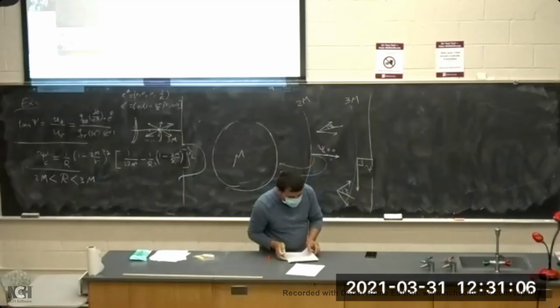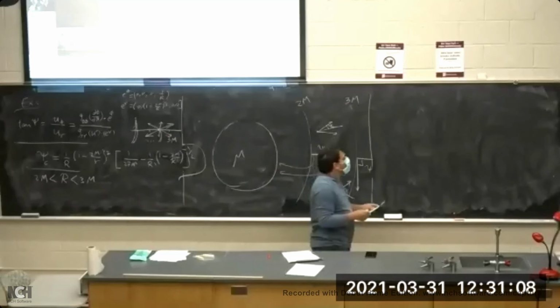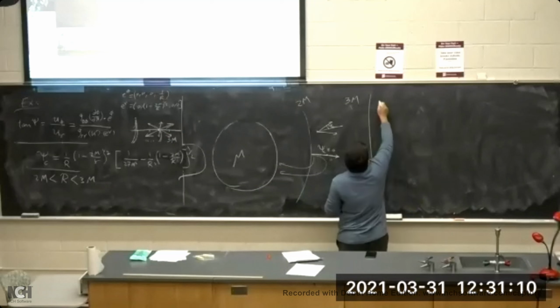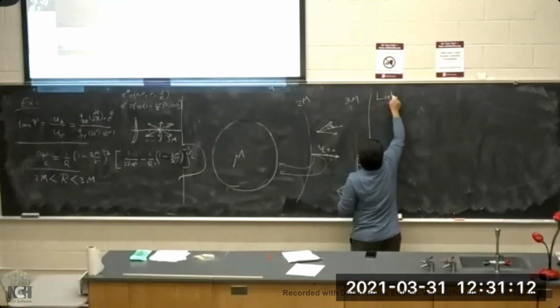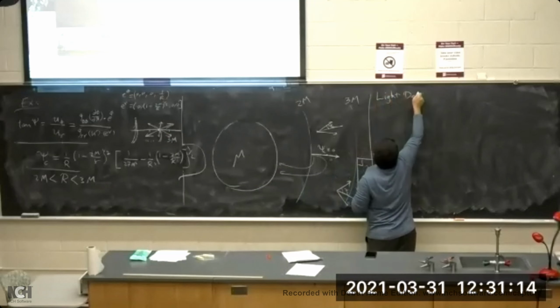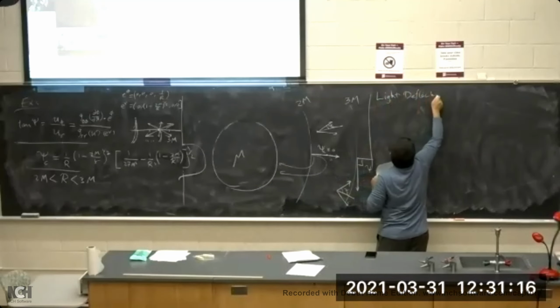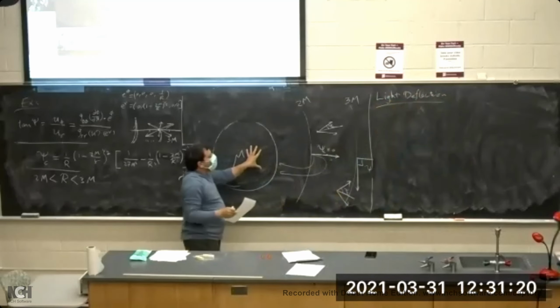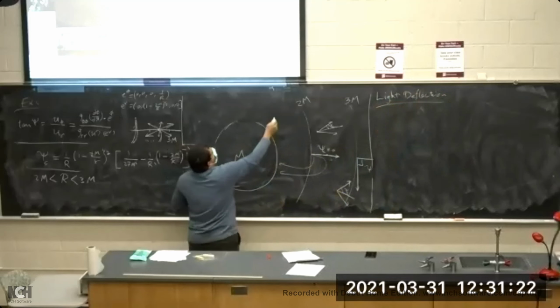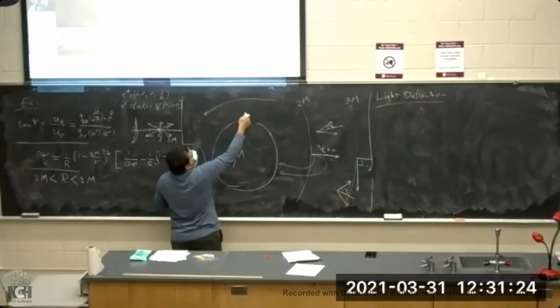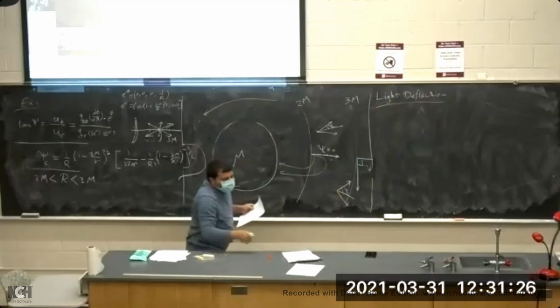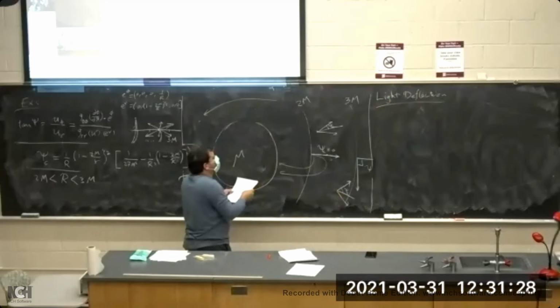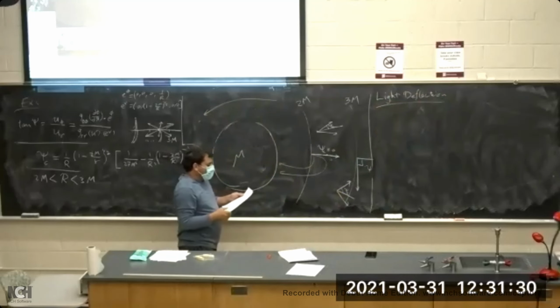Now we'll talk about deflection of light. Any source of mass will bend any moving particle near it, and it also happens for light rays.